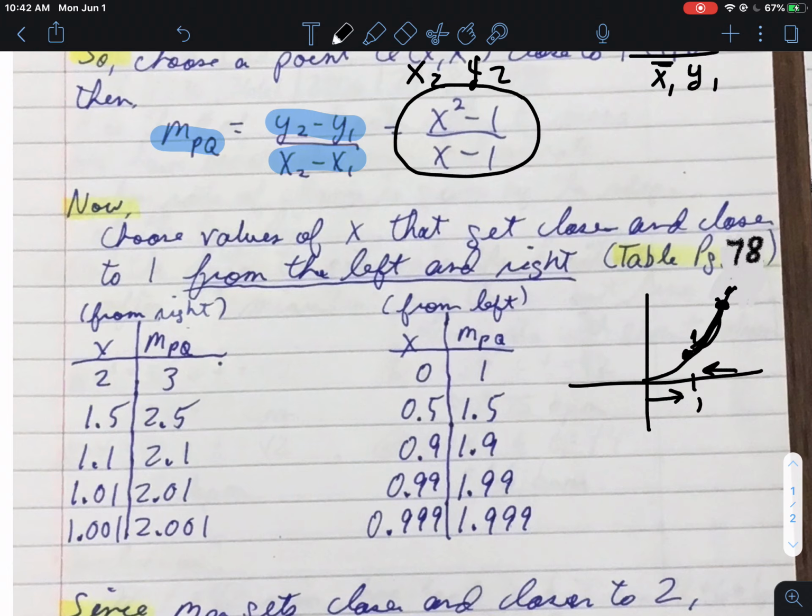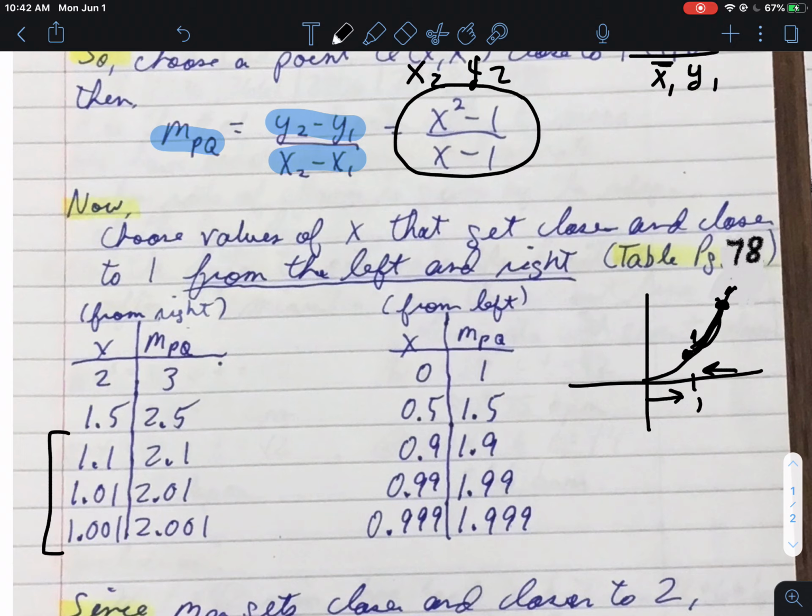So 2, 1.5, 1.1, 1.01, 1.001. These are typically the types of values that we're looking at. When we say that we want to get close to 1, we want to get really close. 2 is not very close to 1 when you're trying to calculate the slope of a tan line. You want to be really close to 1. So you'll typically choose values like 1.1, 1.01, 1.001. That's coming from the right side.